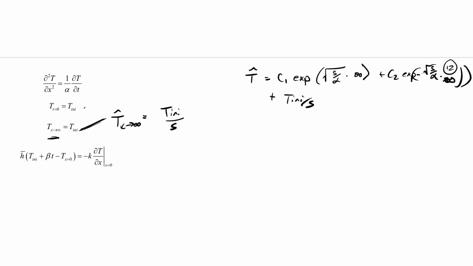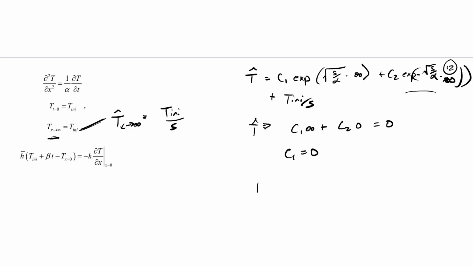So this thing yields C1 times infinity plus C2 times 0, right? The second one goes to 0. That equals 0. Okay, so in order for this to work out, C1 has to be 0.